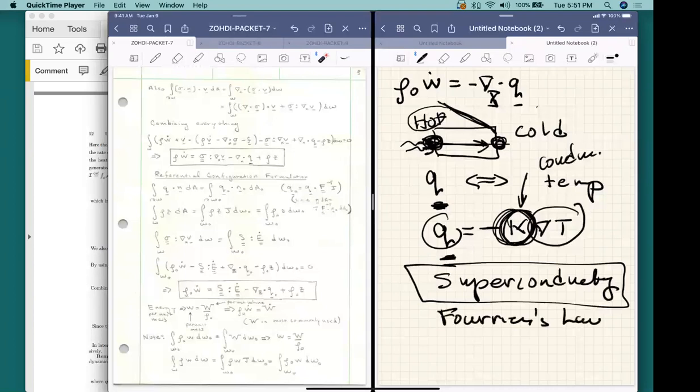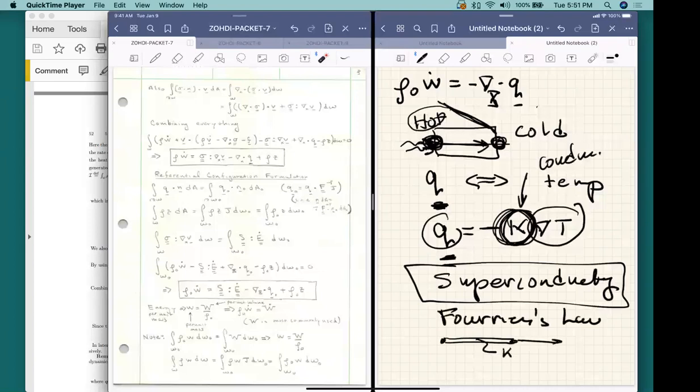Now, Fourier's law has a lot of nuances to it. For a 1D stick, if this was just simply a wire, it's pretty easy to characterize. There's usually a single material parameter called the conductivity, and the flow of heat is in one direction.